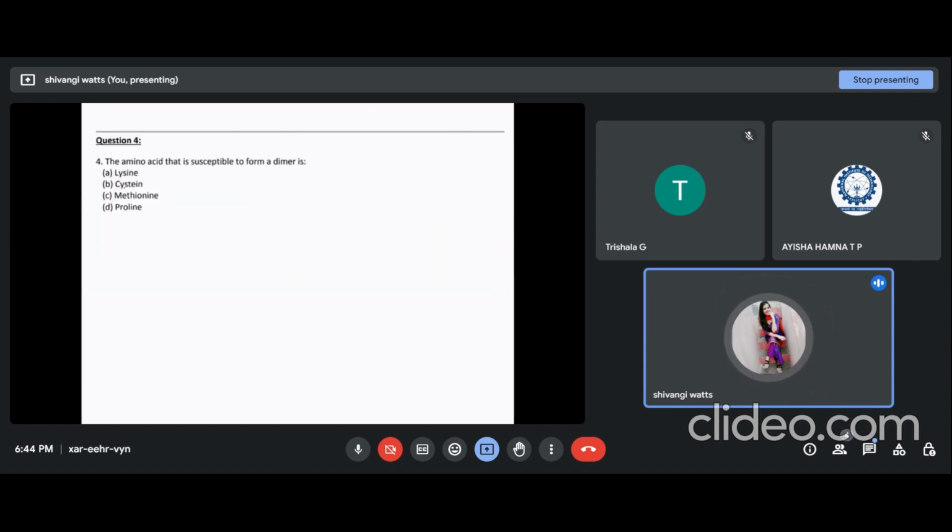The fourth question: the amino acid that is susceptible to form a dimer is lysine, cysteine, methionine, or proline. So what are you expecting?